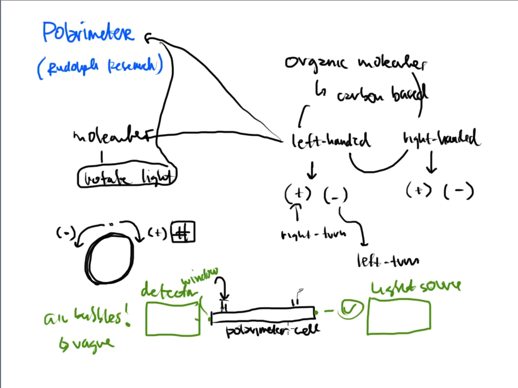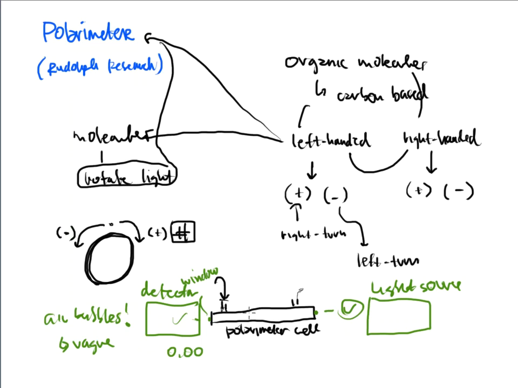That's really all that we would do, just to get a reading of a 0. So the light source I would cut on, the light source would go through the polarimeter cell, and it would line up. And the detector would say, hey, I see some light coming through and I didn't have to turn anything at all. So because of that, the reading is going to be 0.00.